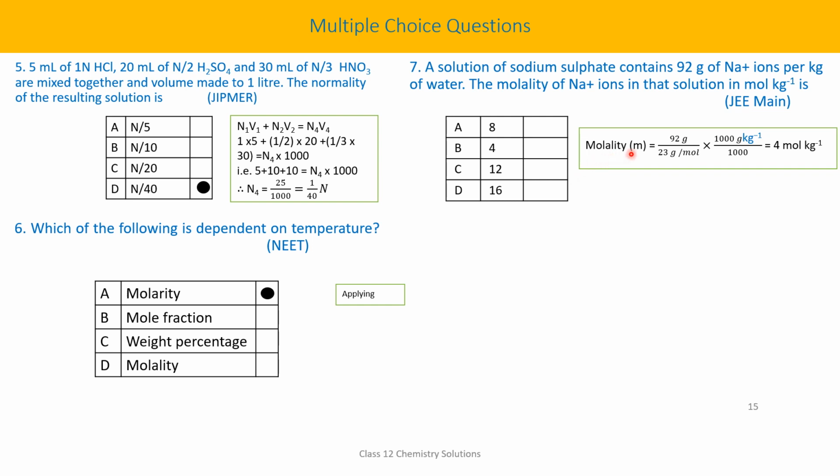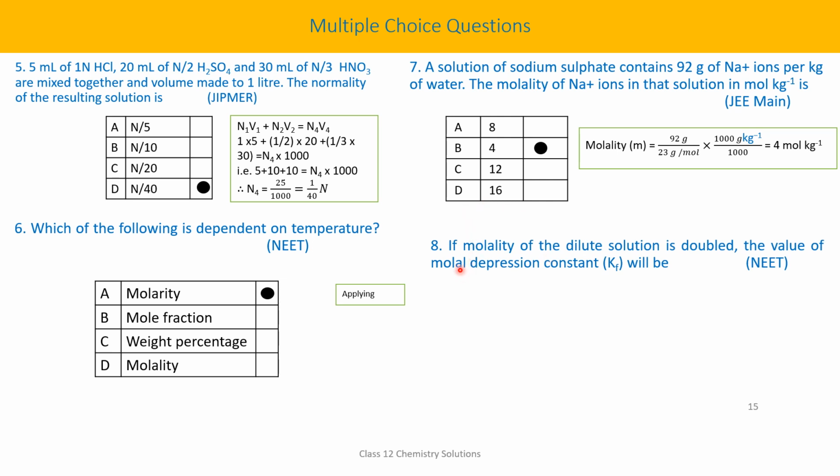Molality, represented by small m, is 92 grams, which is given, divided by 23 grams, into 1000 grams per kg divided by 1000. That is equal to 4. So the correct answer is option B, that is 4. Please mark it.